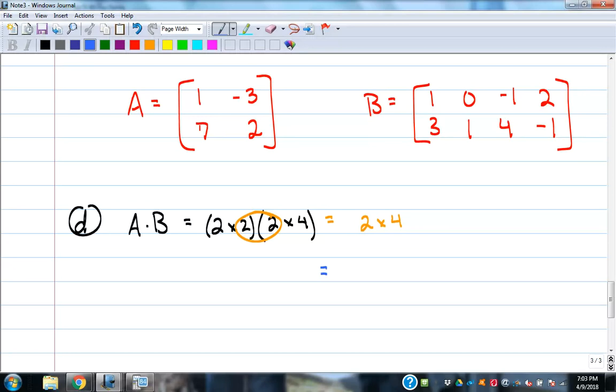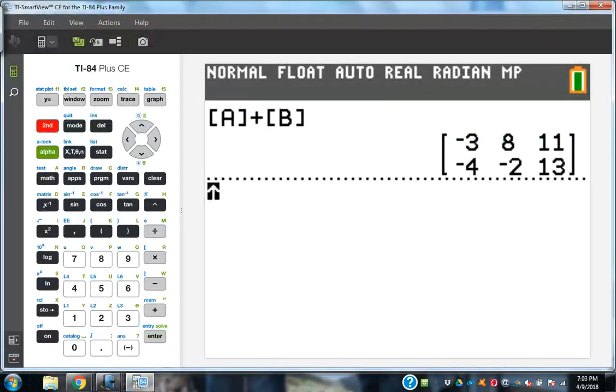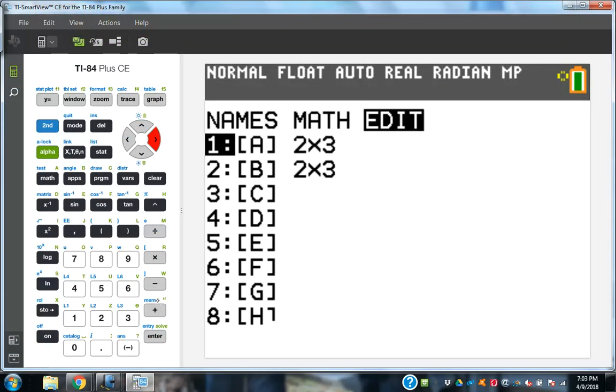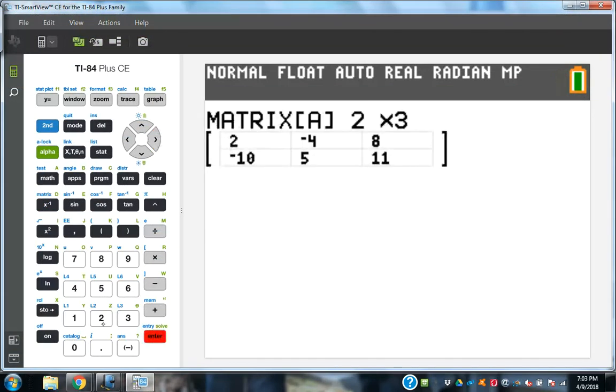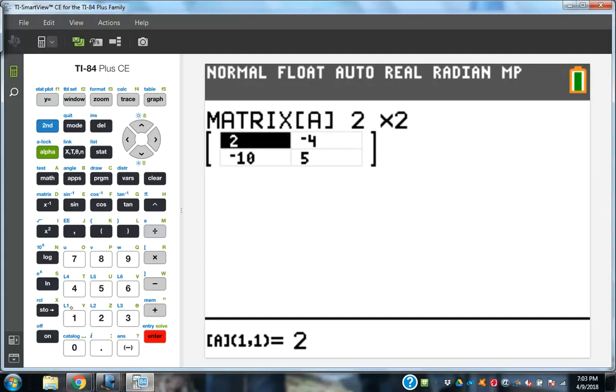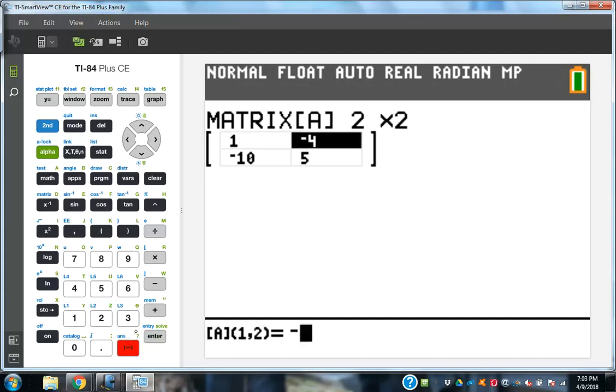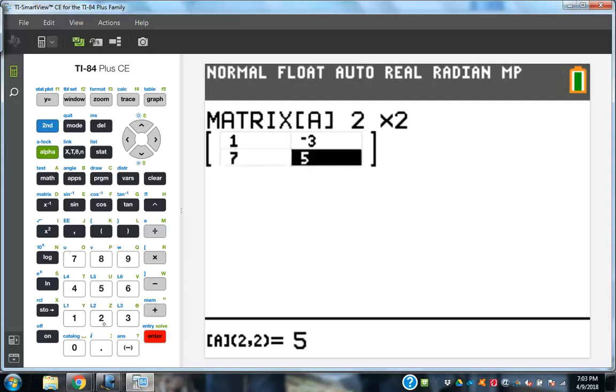Okay. So we're going to put these 2 matrices in our calculator and get it to crank out the result. Second matrix, edit. Matrix A is a 2 by 2: 1, -3, 7, 2.